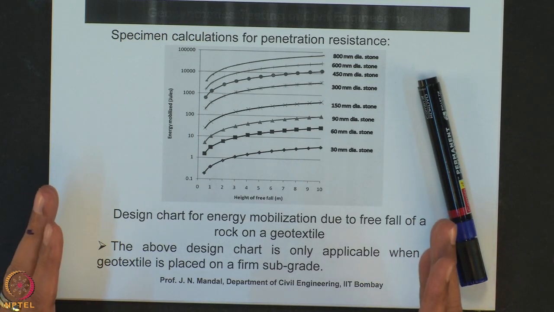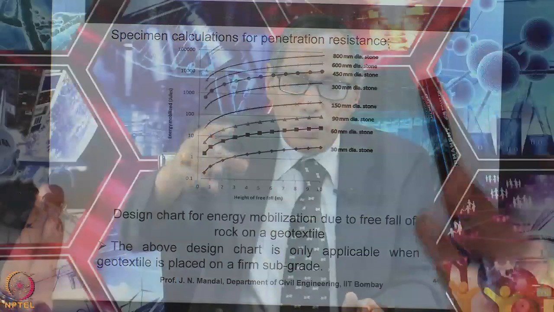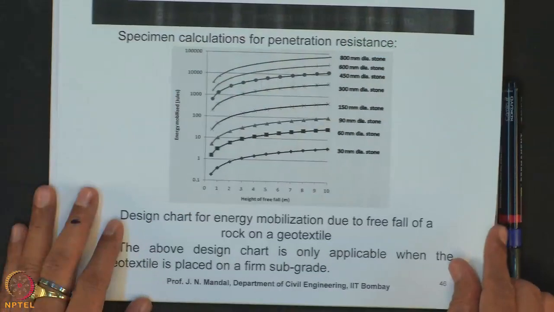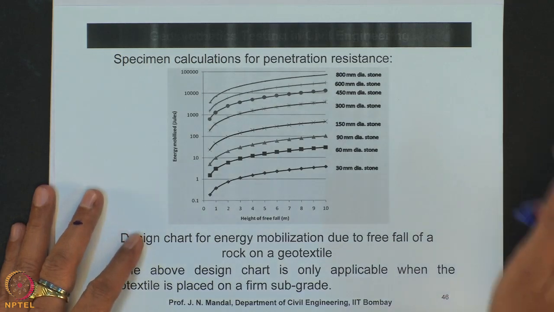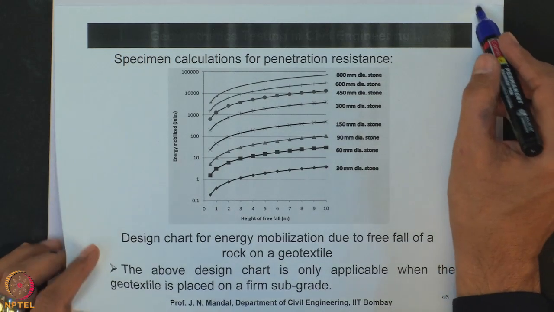subgrade soil. So, we know the diameter of the stone falling onto the ground from a particular height, and then what is the energy developed. So, this chart will be useful for the design of the rockfall system.